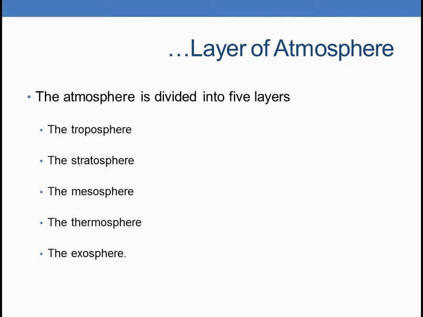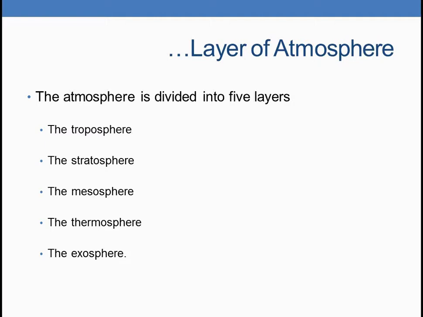The troposphere starts at the Earth's surface and extends 8 to 14 kilometers high. This part of the atmosphere is the most dense. Almost all weather appears in this region. Next, the stratosphere. What is the stratosphere? The stratosphere starts just above the troposphere and extends to 50 kilometers high.